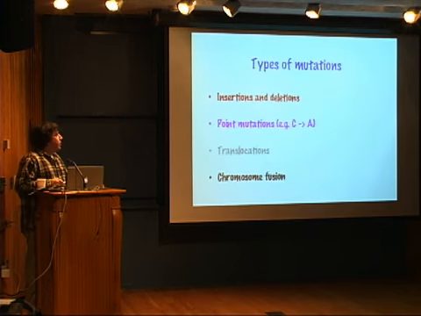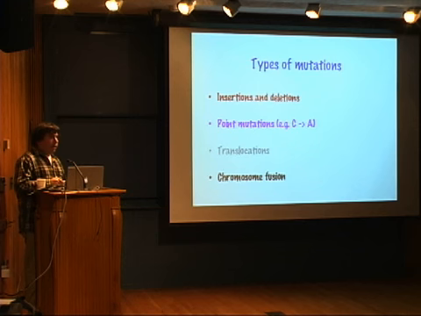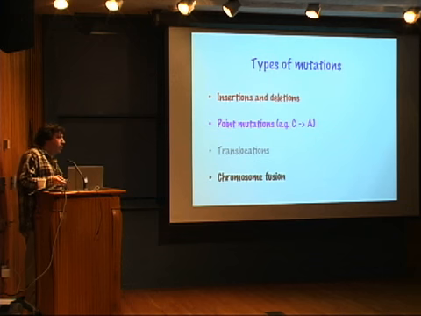The types of mutations that can occur on DNA that can eventually lead to cancer are a broad number of different types. They're characterized generally by either insertions or deletions, where exogenous sequences are added to a chromosome or endogenous sequences are removed from a chromosome to create a deletion.